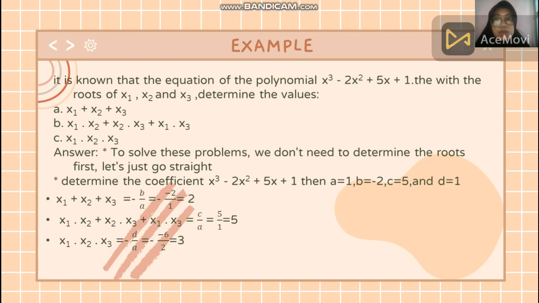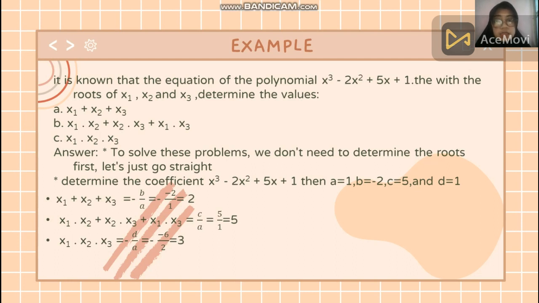Answer: to solve these problems, we don't need to determine the roots first. Let's just go straight to the coefficients of x to the power 3 minus 2x to the power 2 plus 5x plus 1. Then a equals 1, b equals minus 2, c equals 5, and d equals 1.